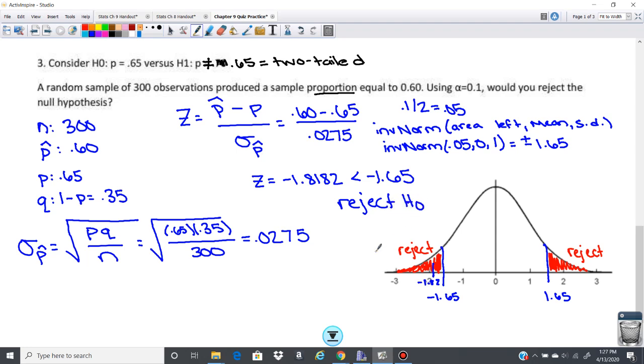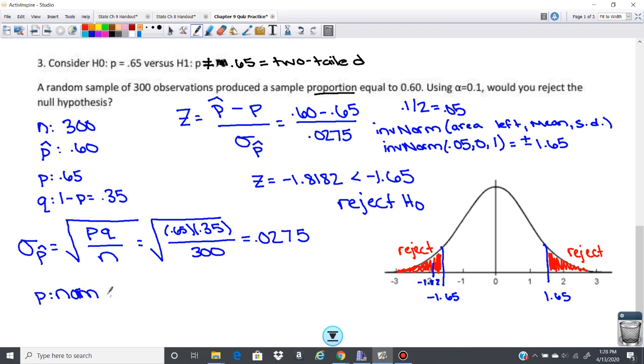We can also do the p-value approach. You would get the p-value for this, which means you would get the probability underneath here. Before you do that, you need to select the command. So the command is normal CDF.